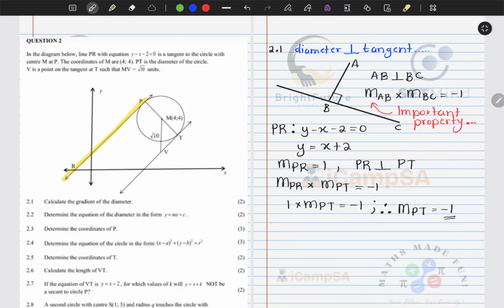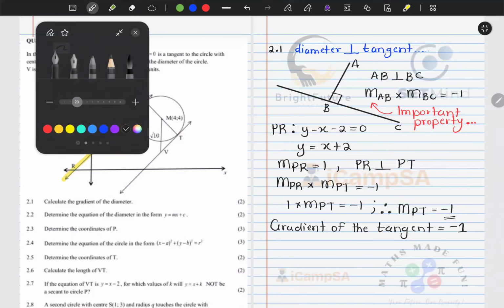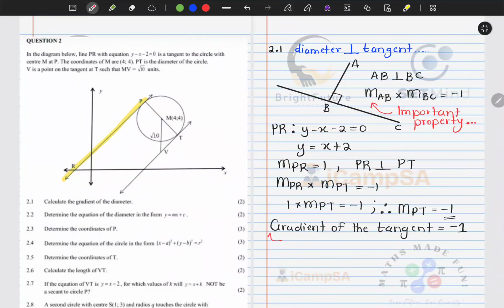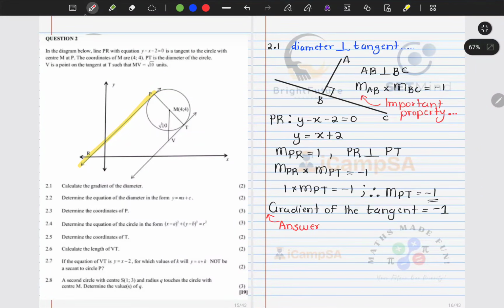So we are done. We can therefore inform them that the gradient of the tangent equals negative 1. And that there is our answer for the first question, which is 2.1.